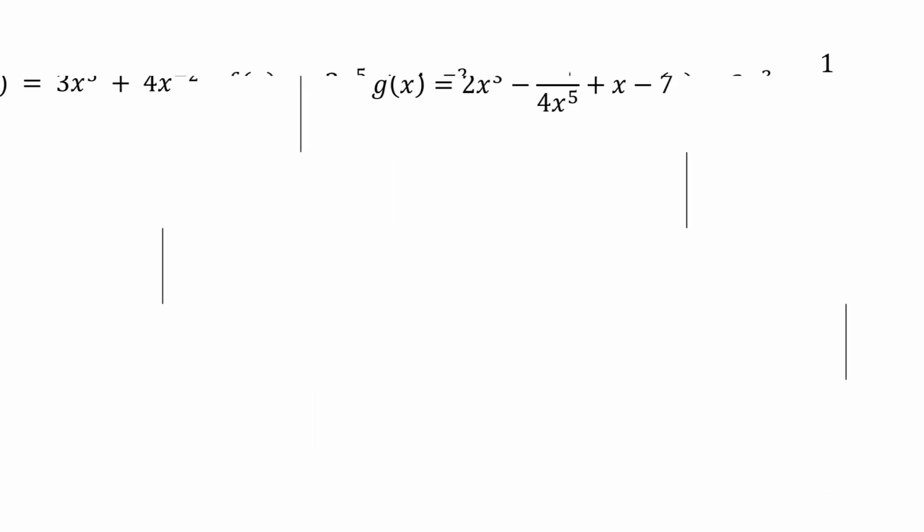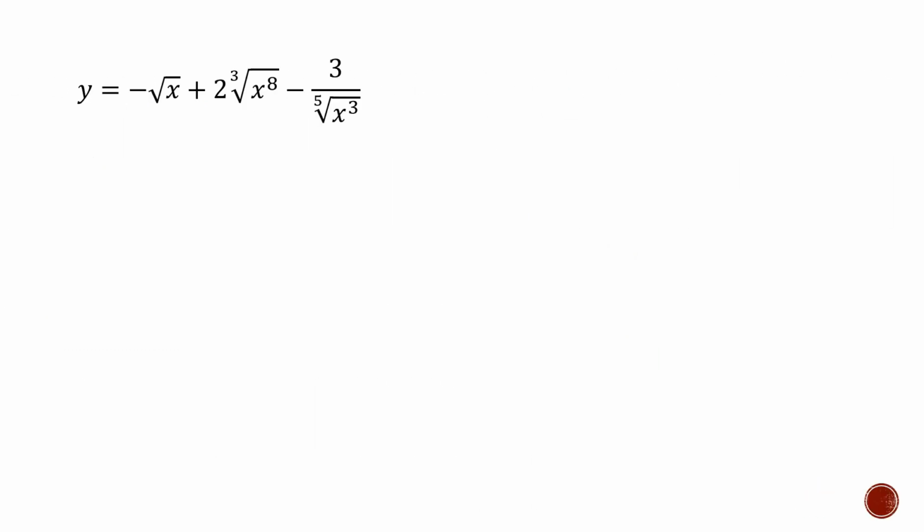All right, let's answer the third example. Okay, so here we have the square root of x. Using the laws of exponents, this will be equal to a rational exponent. This will be equivalent to x raised to 1/2. So why is it 1/2? Now the index here, we cannot see it, but by default the index is 2.